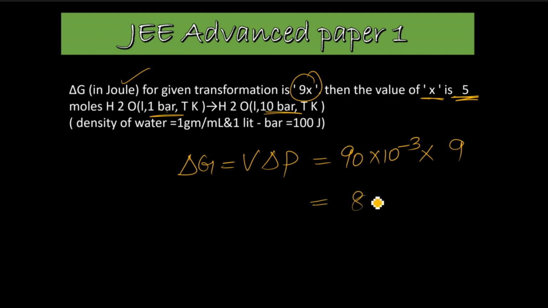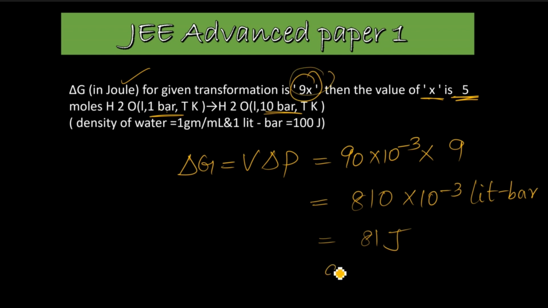So totally it becomes 810 into 10 to the power minus 3 liter bar, right? So 1 liter bar is equal to 100 joules, which makes it 81 joule. They are asking 9x. So 9 into 9, 81. So 9 is our answer.